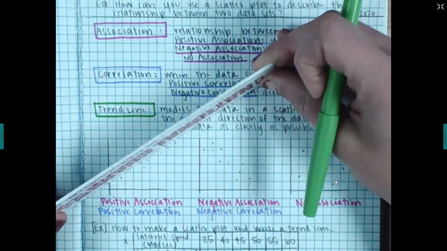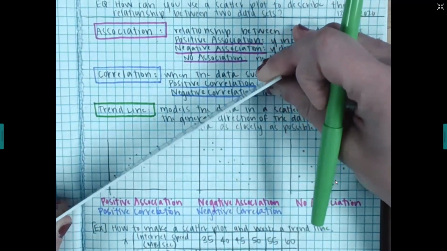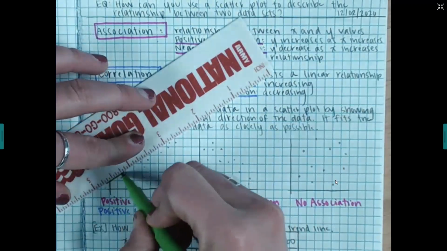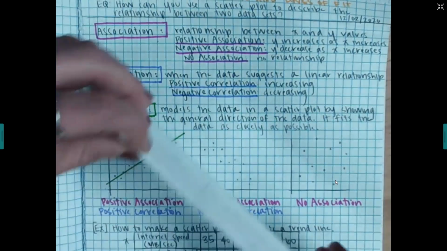So I'm going to do a little bit of eyeballing. Looks like that spot right there is pretty close. So I'm going to draw that trend line. Notice I have 1, 2, 3, 4, 5, almost 6, dots on either side. So you want to try and draw that line so that there's an even number of dots on both sides.